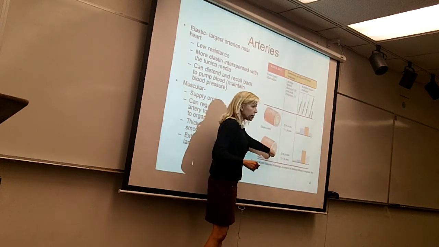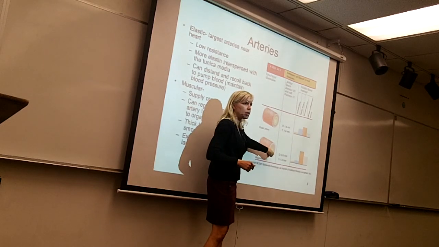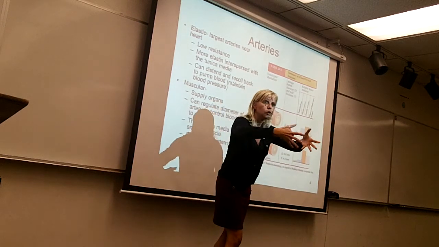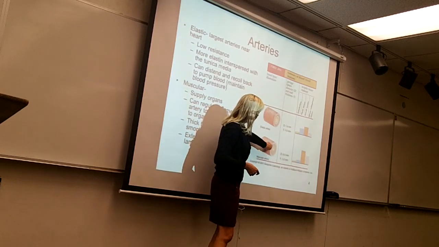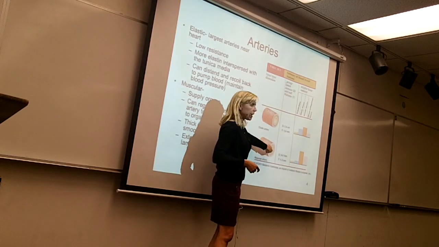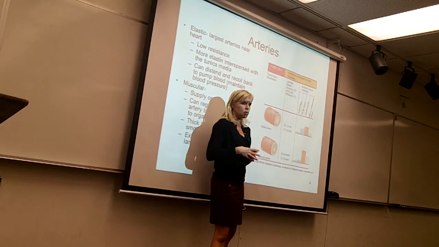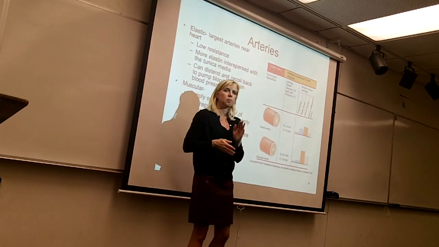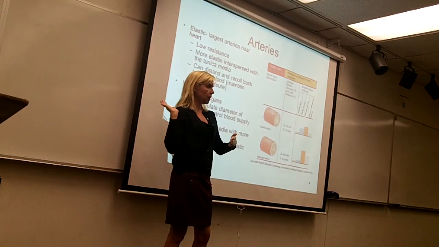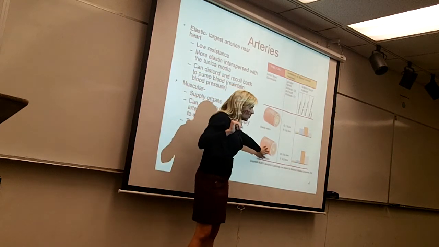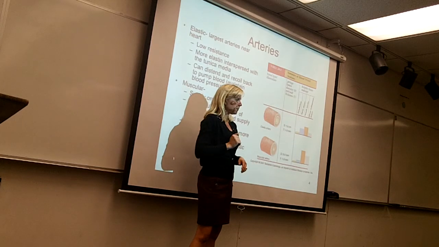That is called the internal elastic lamina, meaning it's facing the internal lumen of the blood vessel. Then we find here, in the blue color, a second layer of elastic tissue. This is found in between the tunica media and the tunica adventitia. That's called the external elastic lamina.